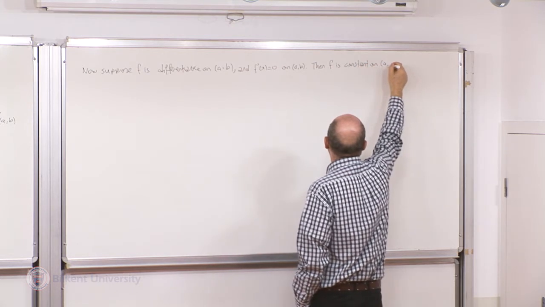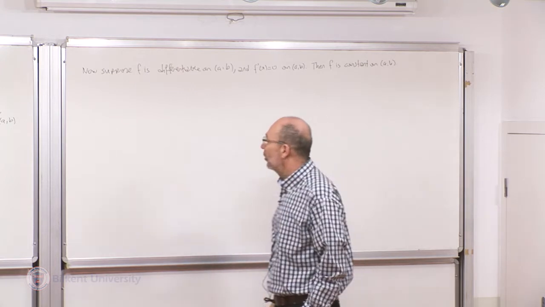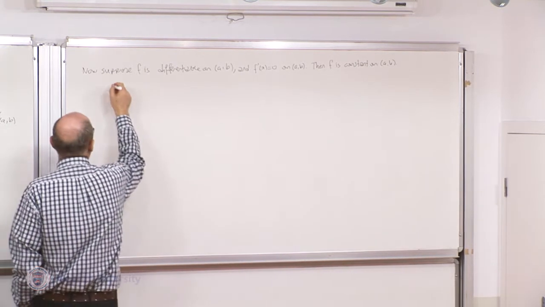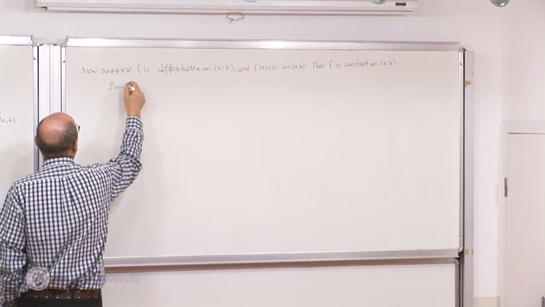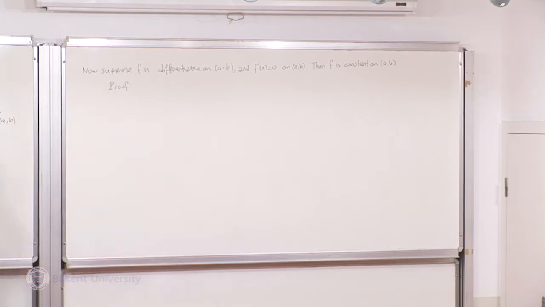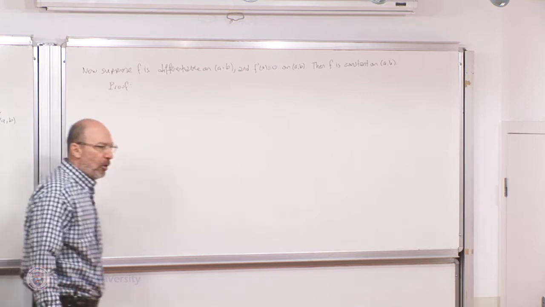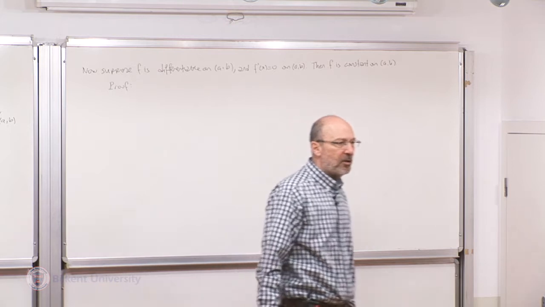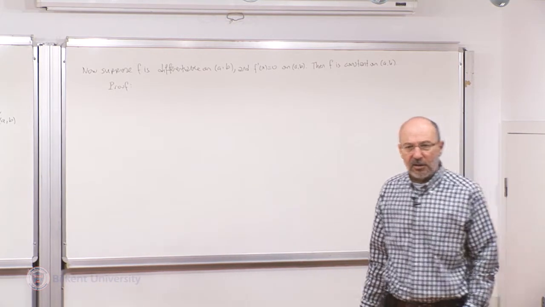on A, B. Let us look at the proof of this to check if the machinery we are developing agrees with our expectation. So we take two arbitrary points, and check if the values are the same.